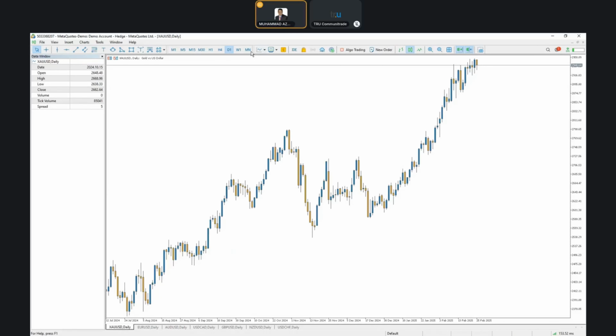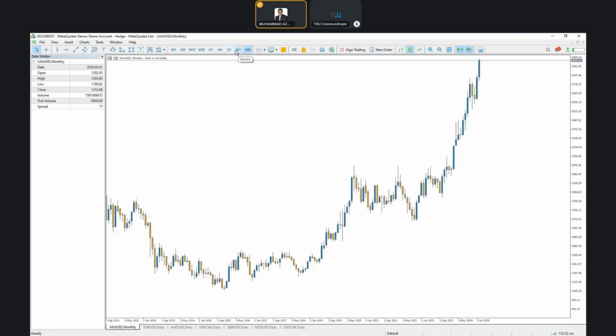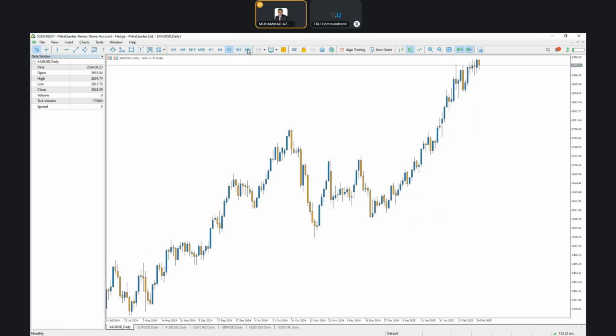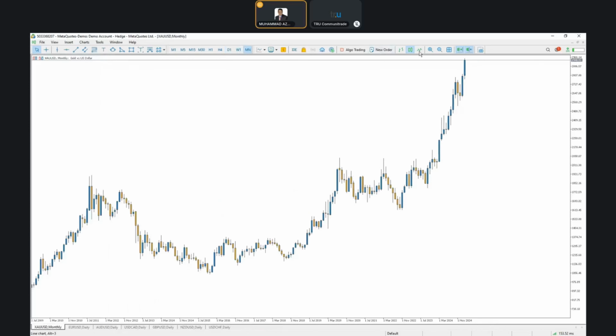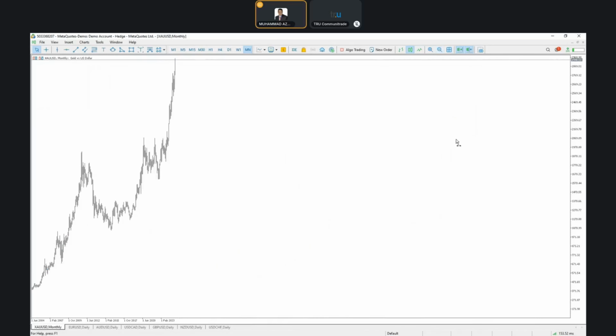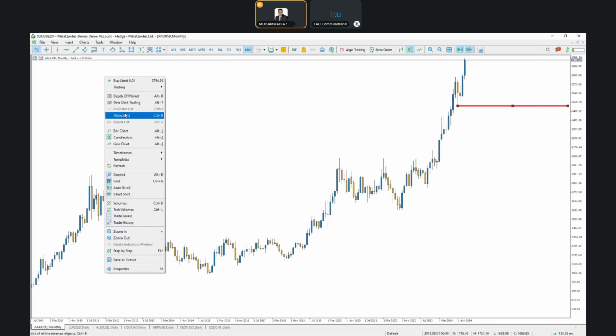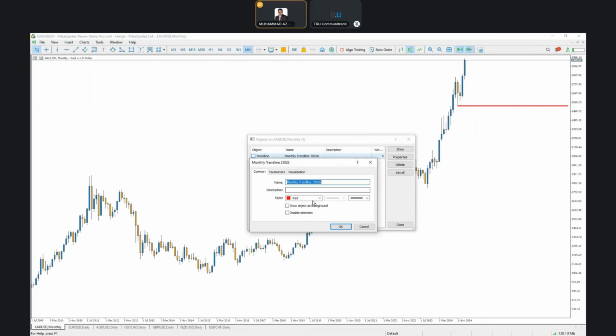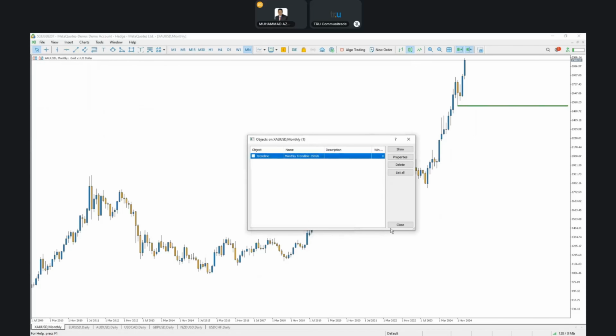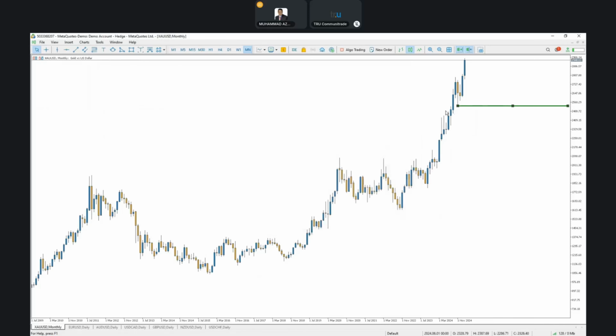I'm going to start from the monthly time frame, working my way down to the weekly and then the daily time frame. So if you take a look at the monthly time frame, let me zoom out a little bit. You can see that it's a nice uptrend going on. And if you look at the support levels, this is the support.